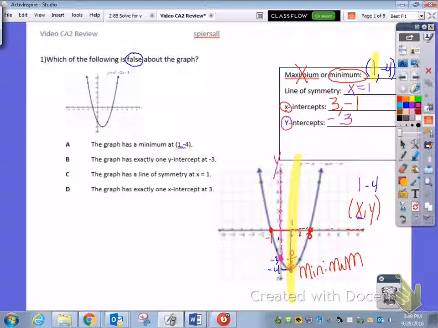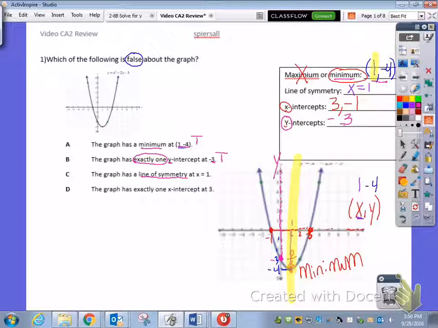Now look at your questions. It has a minimum at 1, negative 4. That is true. It has exactly 1 Y-intercept at negative 3. So this is true.